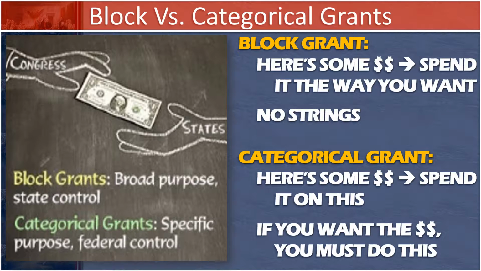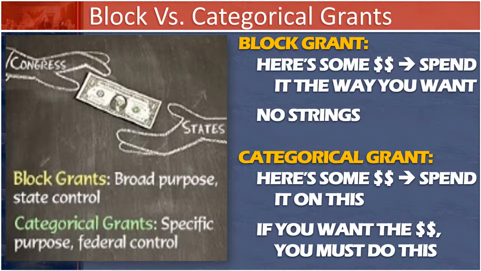So there's two types of grants that the national government can make. They're called block grants and categorical grants. How a block grant works is basically the government says, here's some money, but we're going to leave it to you to decide how you want to spend it. Usually there's a broad category, but it doesn't say what you have to spend it on. So there's no strings attached to the money when it's given as a block grant.